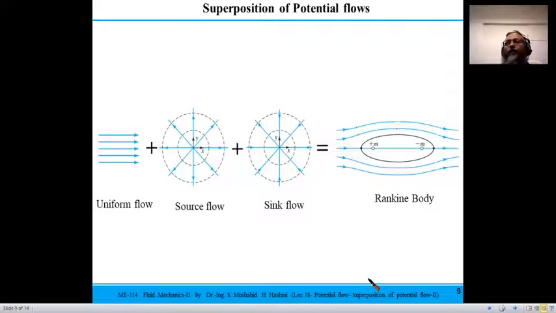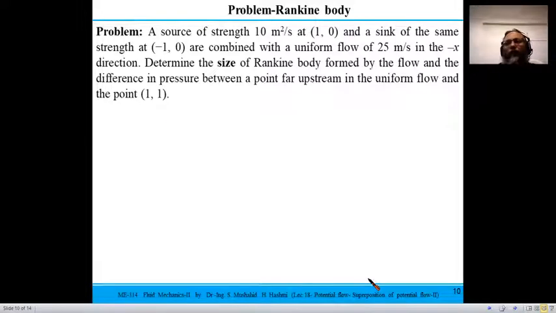Okay, there is a problem, and that will help you understand the behavior of flow over a Rankine body. What I have done is I have taken a source of strength 10 meters squared per second at the location where x is 1 and y is 0, and a sink of the same strength, 10 meters squared per second, placed where x is -1 and y is 0.